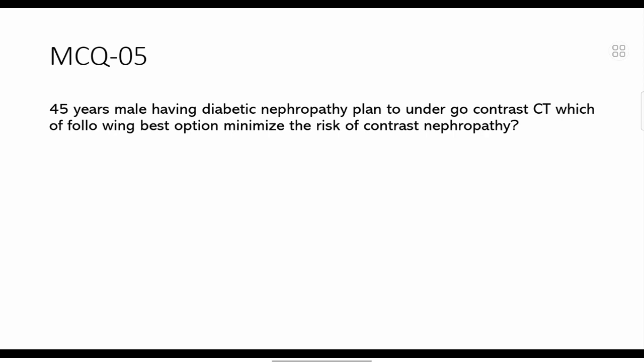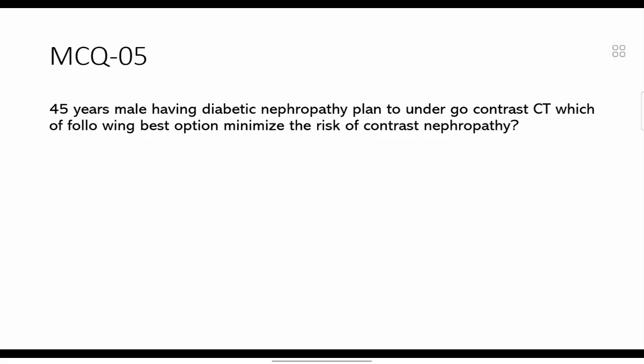To prevent contrast nephropathy, we can go for 3 options. First is hydration: hydrate the patient properly with normal saline, 0.9% sodium chloride. That is the best option. Or we can use N-acetylcysteine, NAC, which is not recommended by everyone. Hydration is recommended by everyone, not NAC. The third option is sodium bicarbonate, NaHCO3.